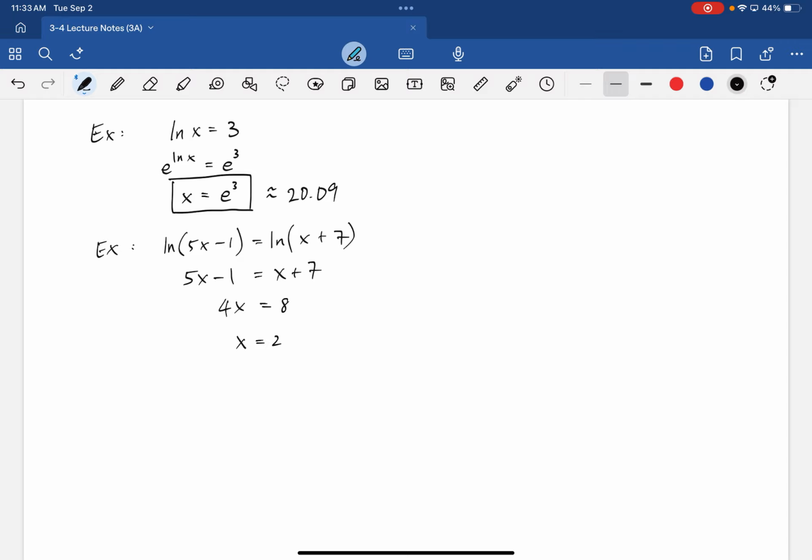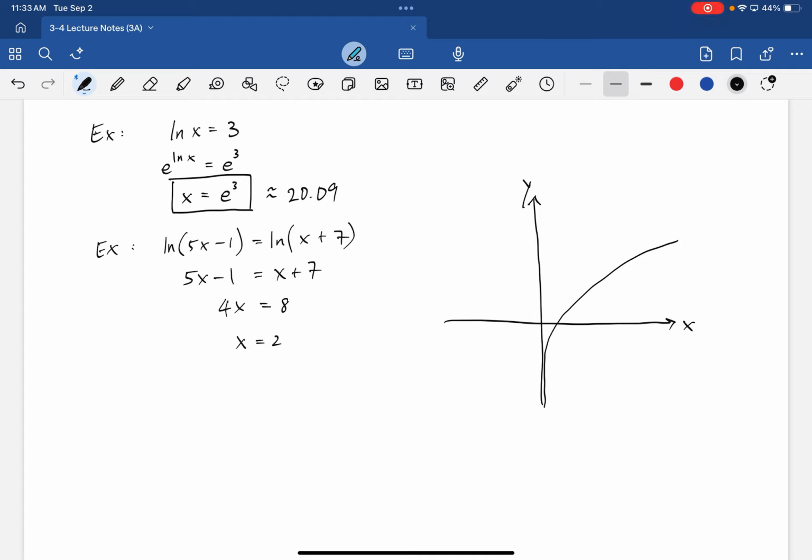Now for logarithmic functions, we definitely do have to plug it in and check our answer. Because, right, what is the domain of a logarithmic function? Greater than 0. If we recall the graph of our log function, it really only takes positive inputs.